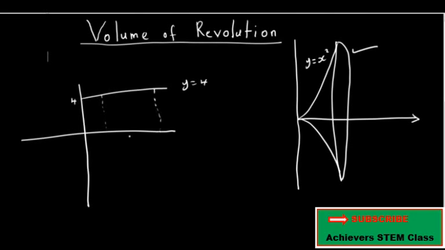Let's call the difference between these two points delta x, because this is our x axis and this is our y axis. Now let's assume that this line, y equals 4, makes a 360 degree revolution.